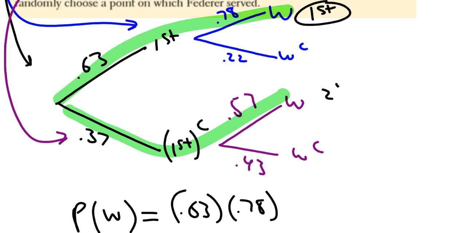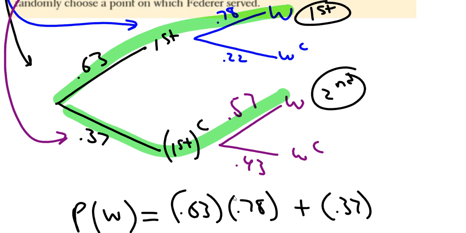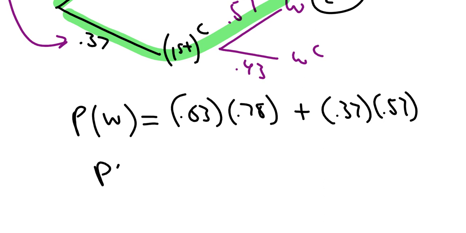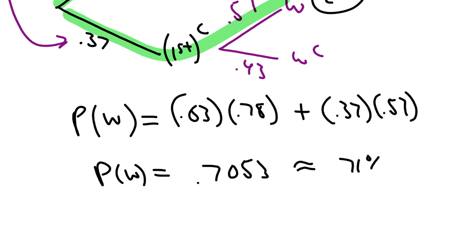And then the second way that he could win the point is during the 37% of times where he misses the first serve, but then in 57% of those 37% of times, he goes on to win anyway. So we just have to multiply these two things together and add them up. If you do that, you will get that the probability of winning is 0.7053, or about 71% of the time this person will win.